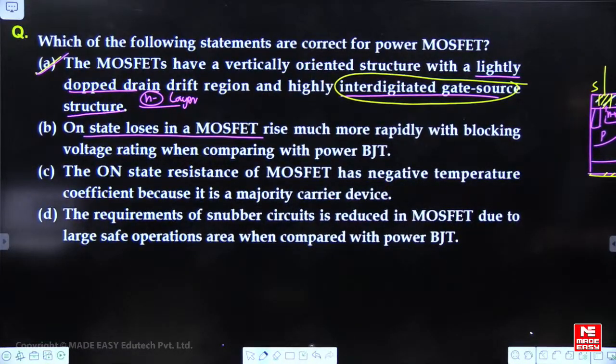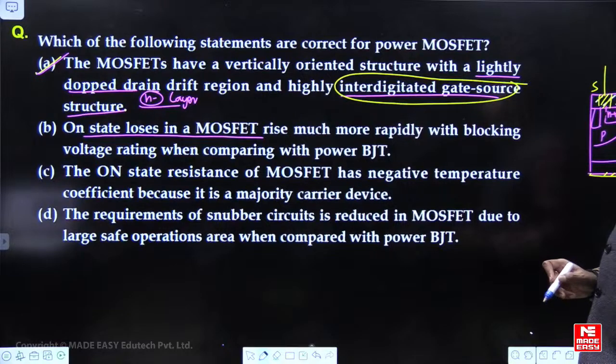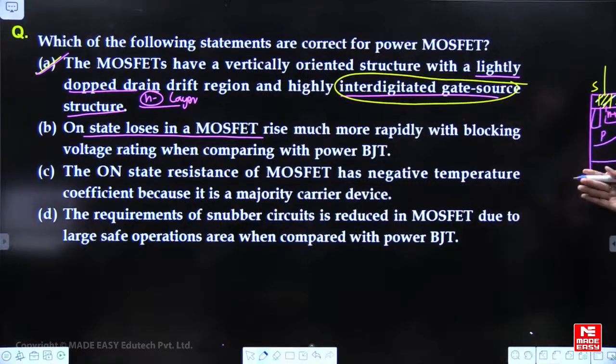You know, in the case of MOSFET, it behaves as resistance in the on state, so that will increase the losses in the device. So conduction loss is more in MOSFET when you compare with BJT, and that will increase very rapidly as the voltage rating of the MOSFET is increasing.